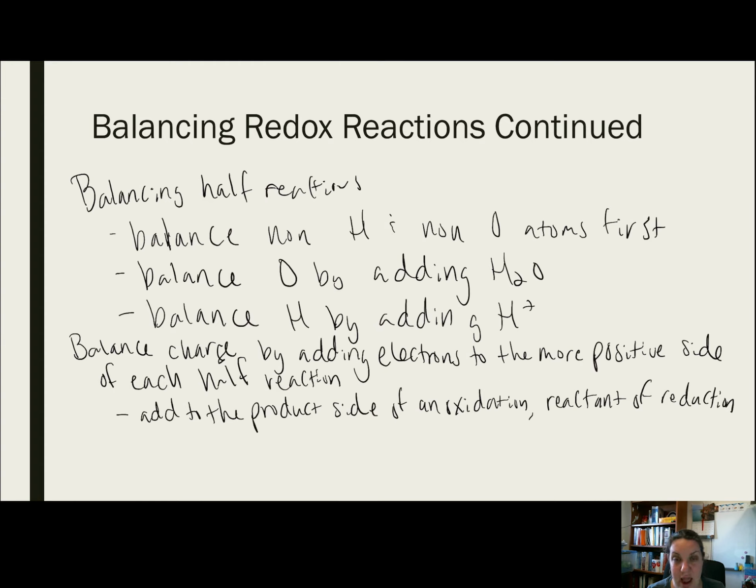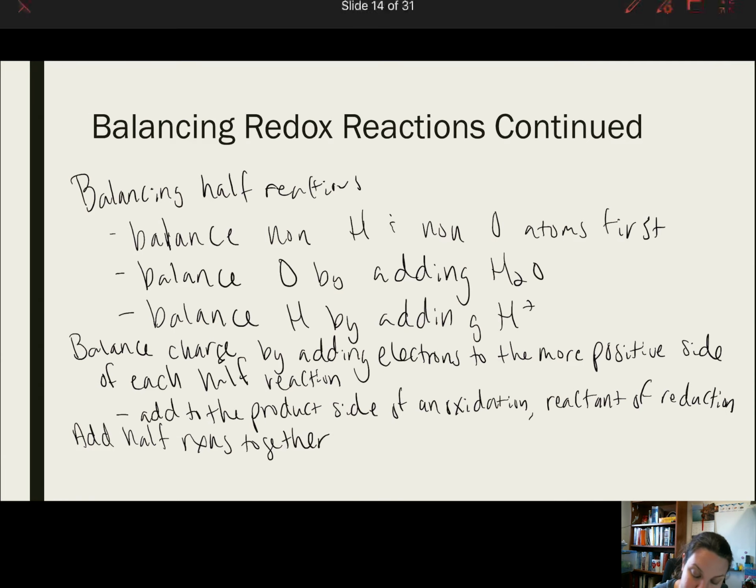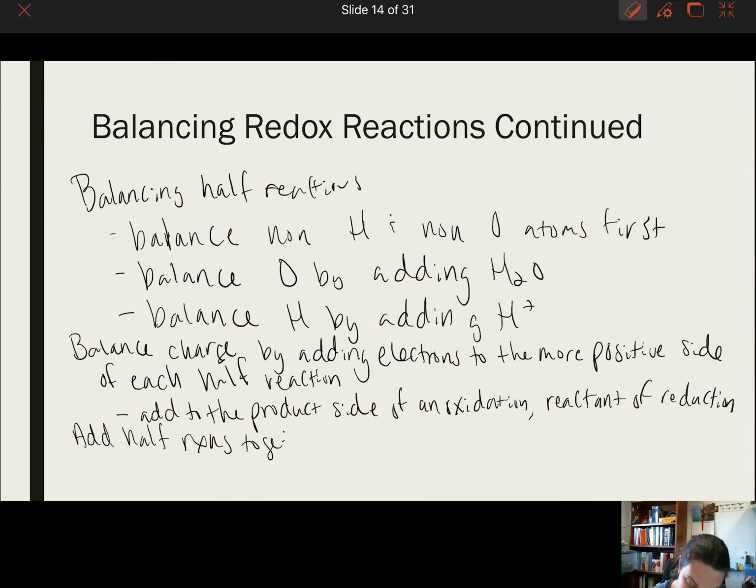Next, you're going to add your half reactions together. Oh, sorry. I missed a step. First, we need to multiply our half reactions in order to balance our number of electrons.